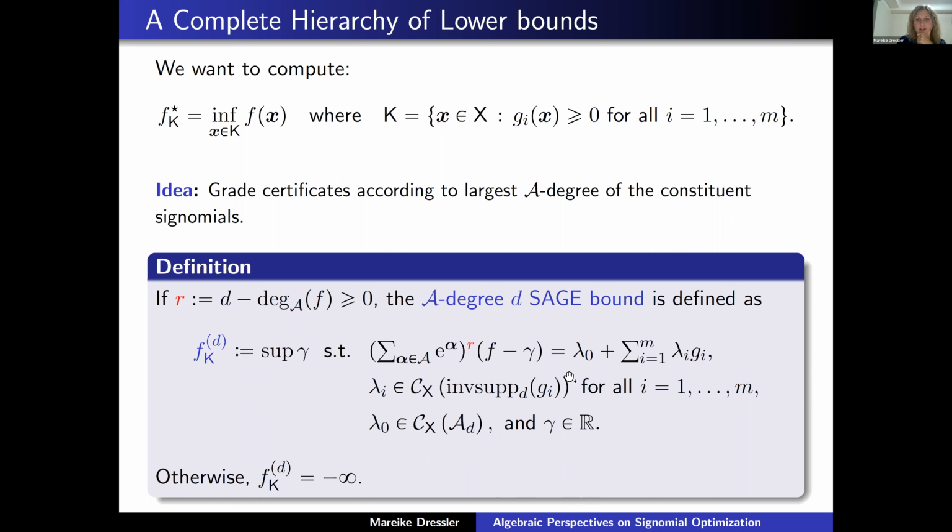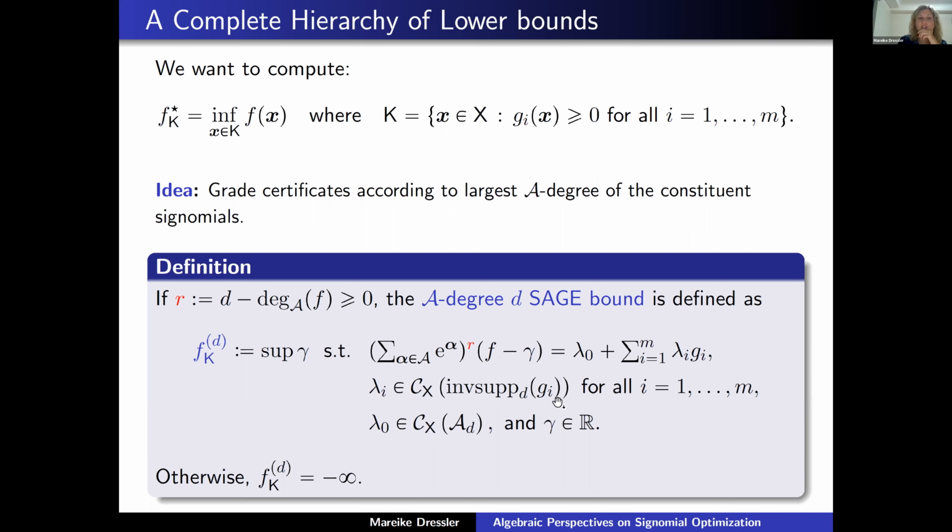And here the inverse support comes into play. This again just ensures that this multiplication of the polynomials times these g_i really has a degree which is less than or equal to D.